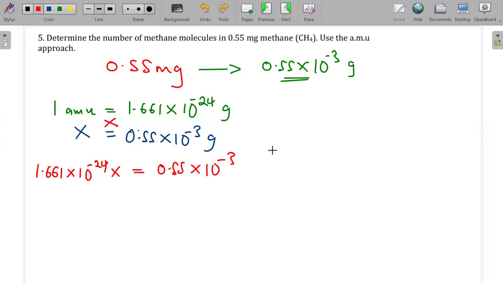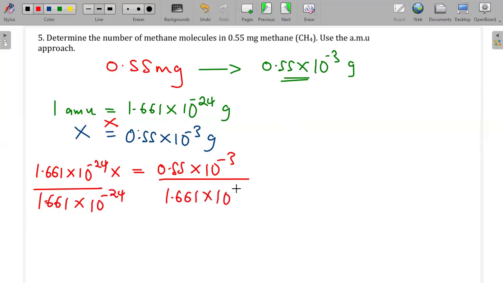In fact, I can ignore the units now. Then I just divide by this number, and I divide this side by the same number, so this and this will cancel. I just remain with my x. X is equal to, and then I can punch this on my calculator. There's a clever way in which I can do this.